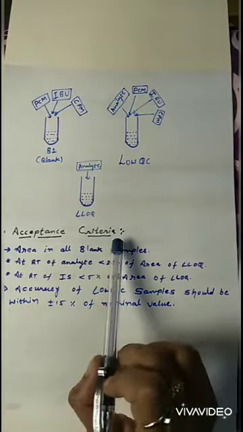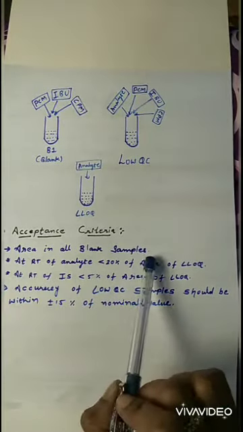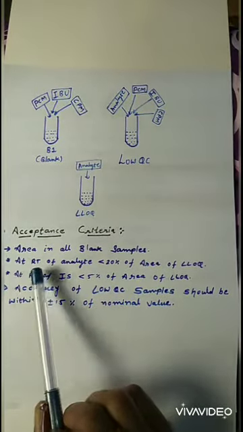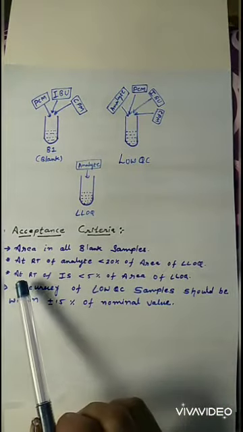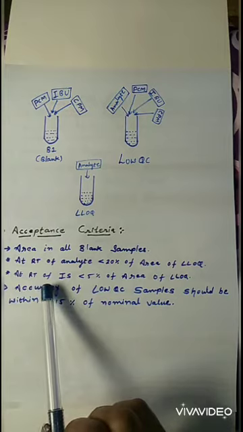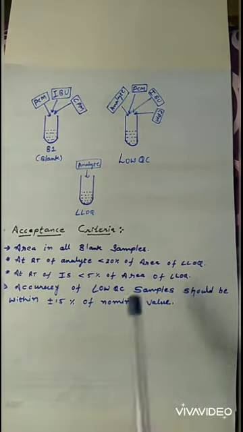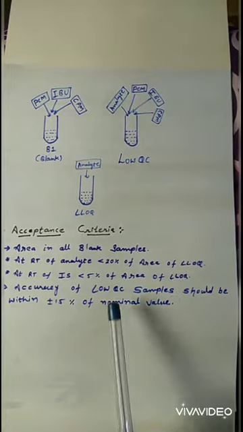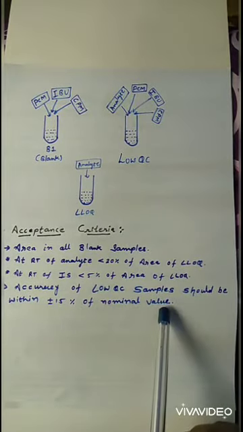We see the acceptance criteria. First, the area in all blank samples at the retention time of the analyte should be less than 20% of the area of LLOQ, and at the retention time of the internal standard less than 5% of the area of LLOQ. And accuracy of low QC samples should be within plus minus 15% of the nominal value.